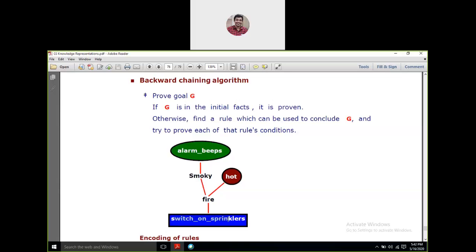Then you have the backward chaining system. You just have to go through this diagram. You have to prove a goal G. It is in the initial facts, right? So I'll be switching on the sprinklers if there is a fire, and the alarm will beep only when there is a fire as well as smoke, then only the alarm will beep.